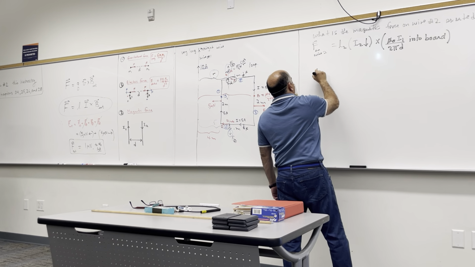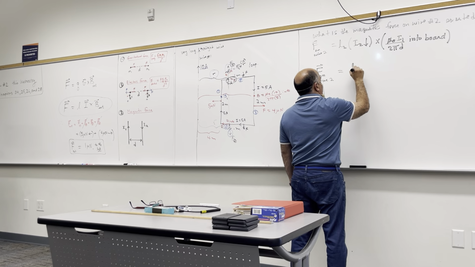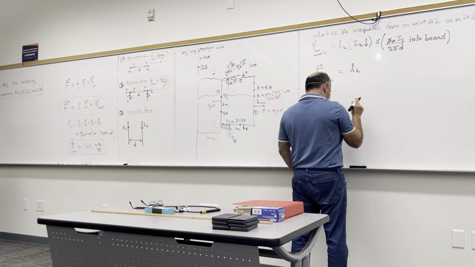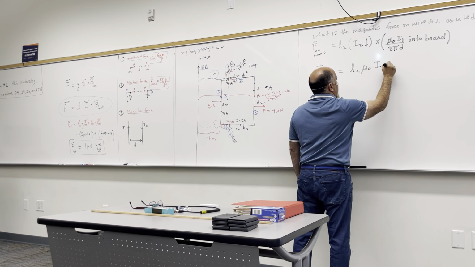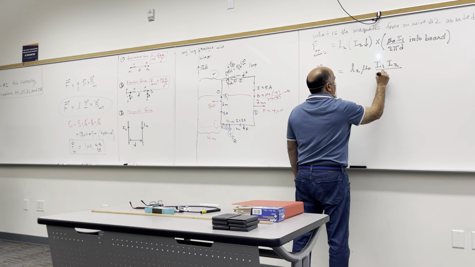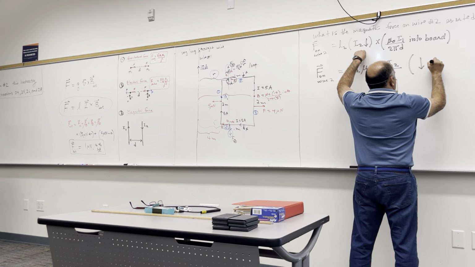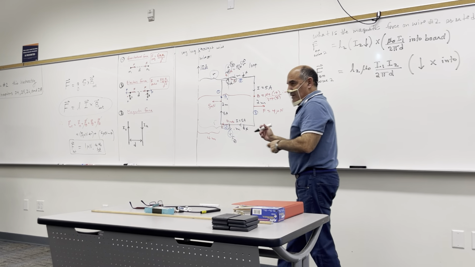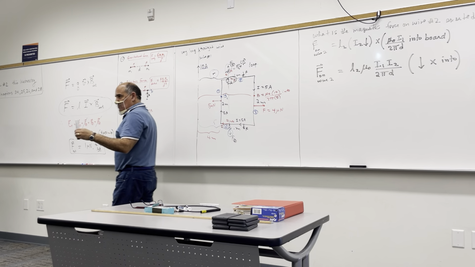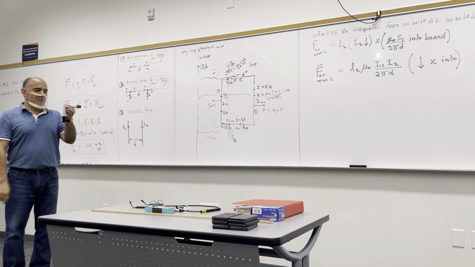Good. So what will be the force on wire number 2, with current I2? It will be the length of that wire, there's a mu naught in there, I multiply the magnitudes of the two currents, and in the denominator, I have a 2 pi d. And this will be in the direction of down, cross, into. So what is the direction of down, cross, into? Down, first vector for fingers, cross, into, palm into the board.